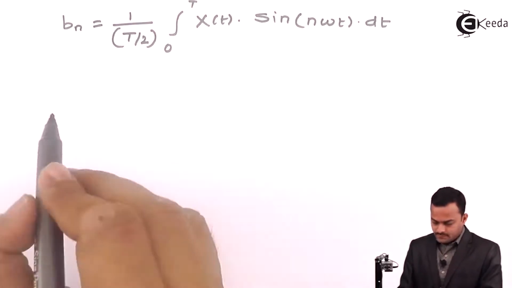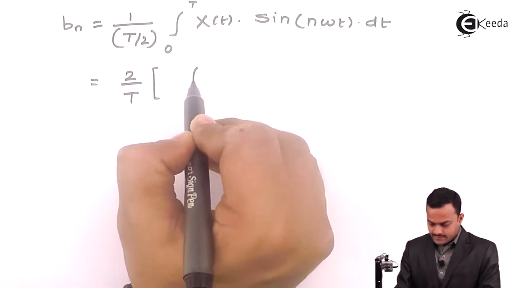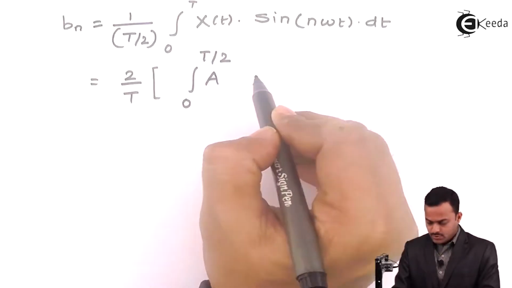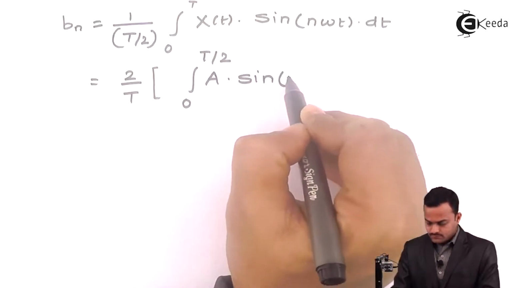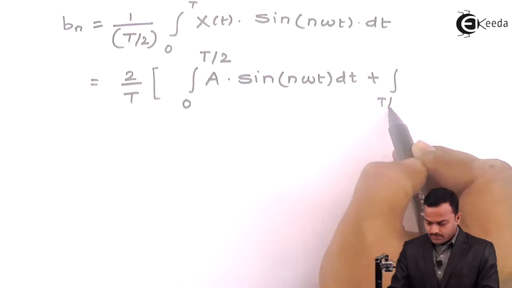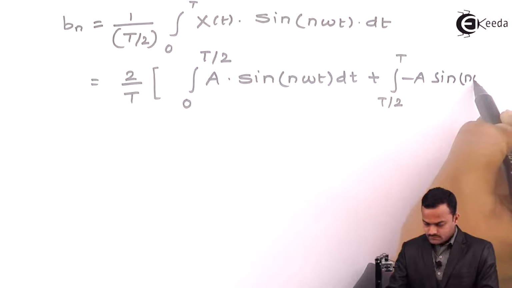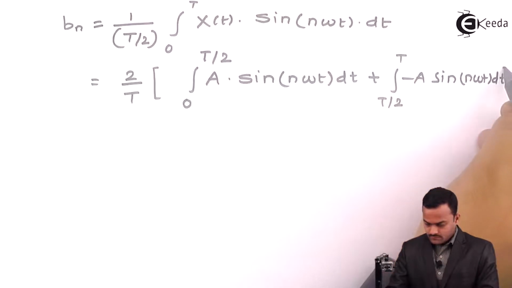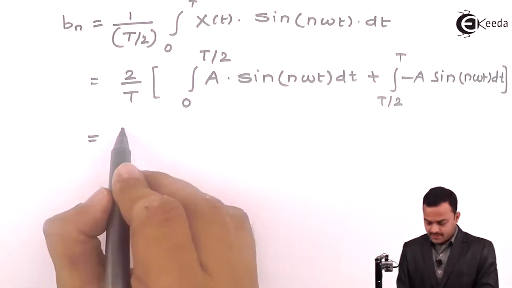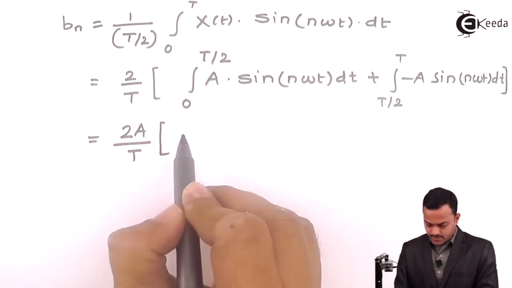So over here it will be 2 by capital T, integral gets split into two limits because x of t is A in 0 to T by 2, and from T by 2 to T it is minus A. A I can take common and out of an integral, so it is 2A upon T.